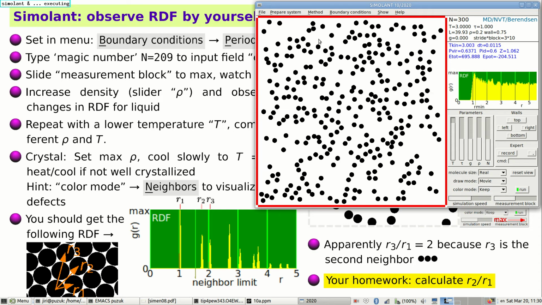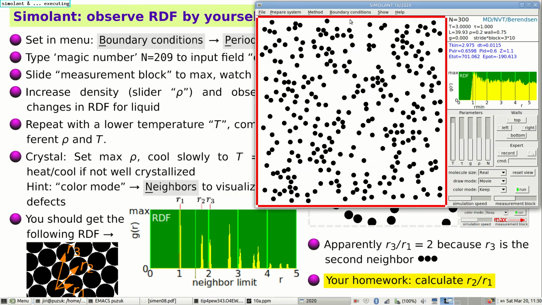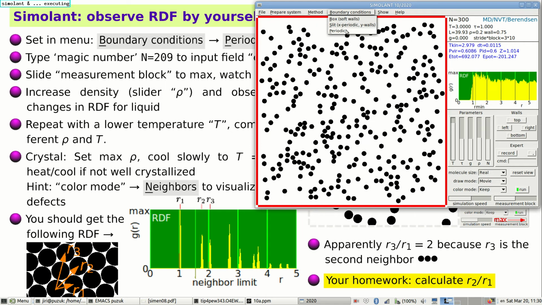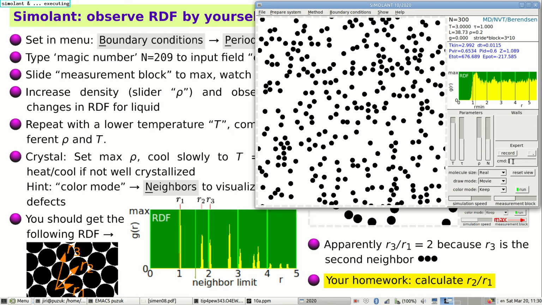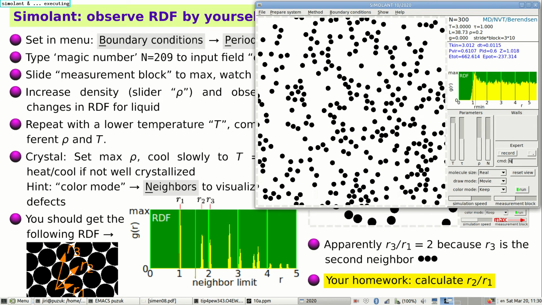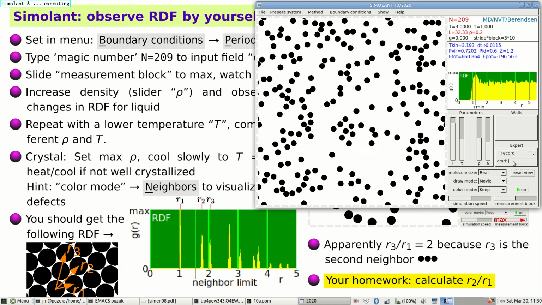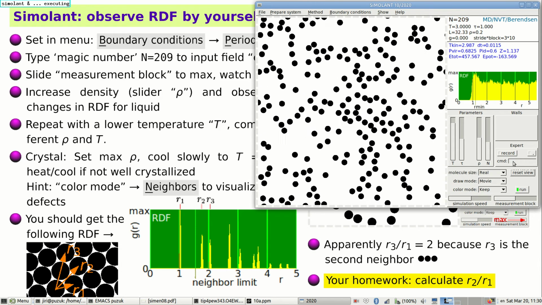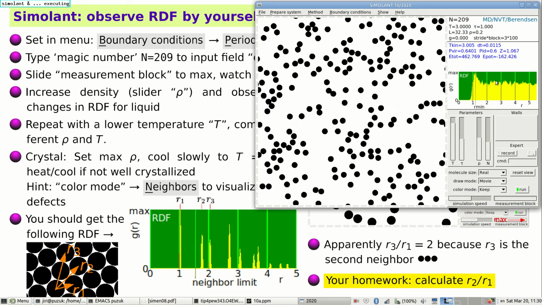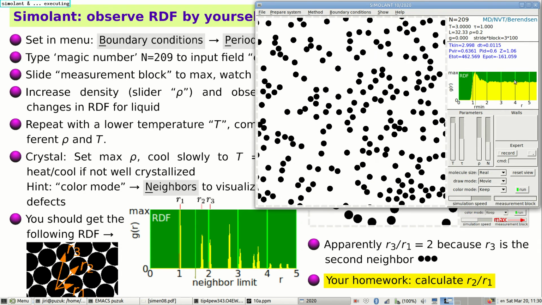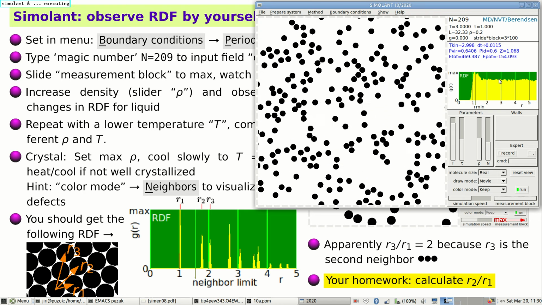First we will need, or it's better to see more accurately, using the periodic boundary conditions. So I set them up. Then, because of the crystal later, I will choose the magic number of particles, and the measurement block to maximum, because then it will be calculated not so often but with a higher precision.